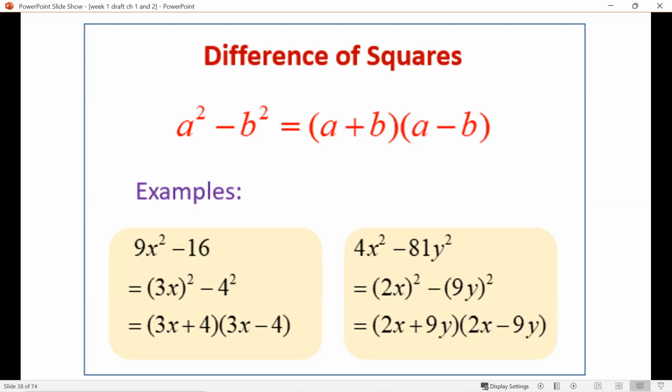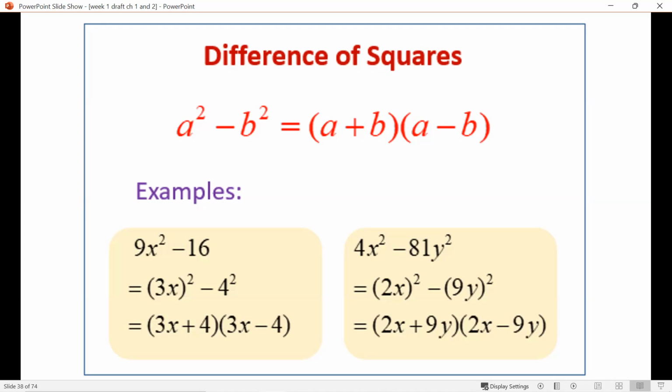If you have 9x squared minus 16, that's a difference of squares, right? 9x squared is the same thing as 3x all squared. And 16 is 4 squared. So that factors to 3x plus 4 times 3x minus 4. We can do the same thing with a 4x squared minus 81y squared.